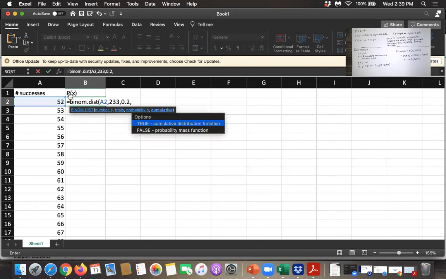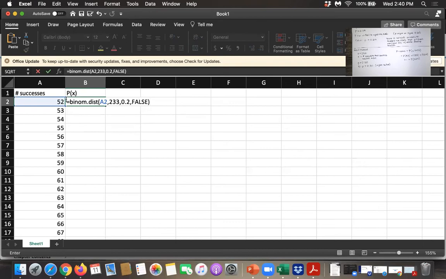And then it asks if we want a cumulative distribution or not. We do not want the area to the left of this. What we want is the probability of exactly 52 successes out of 233 trials, not a probability of 52 successes or less than that. So we do not want the cumulative distribution this time, so we're going to say false. Close parentheses, enter, and that gives you that probability.